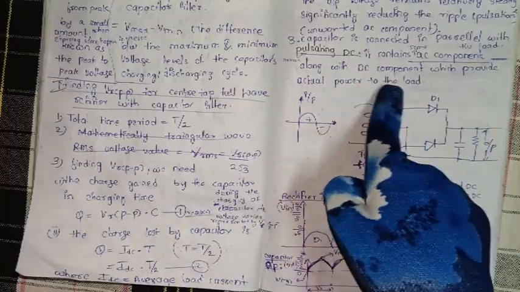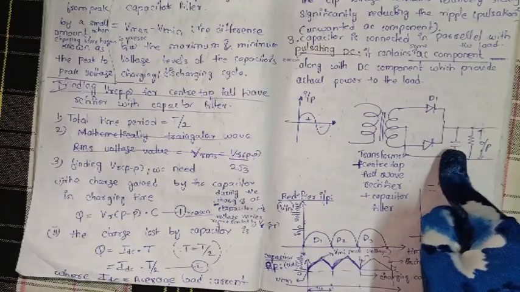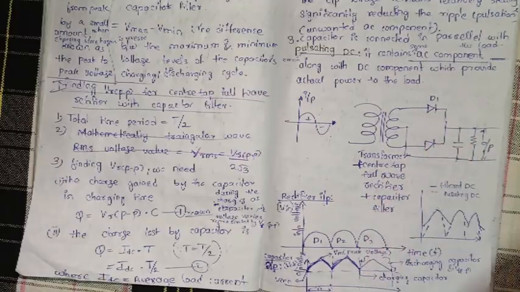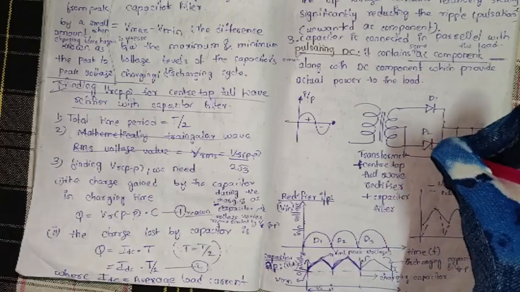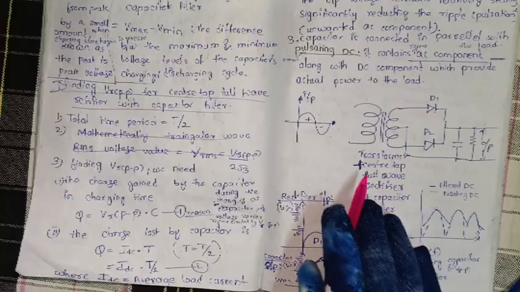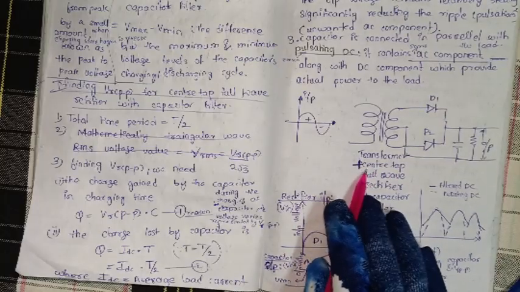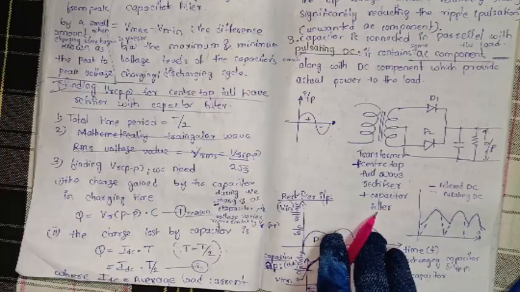The DC component provides actual power to the load. Here we have the load, capacitor, and D1 and D2 used as rectifiers, and then the transformer. A transformer plus center tapped full wave rectifier plus capacitor filter.